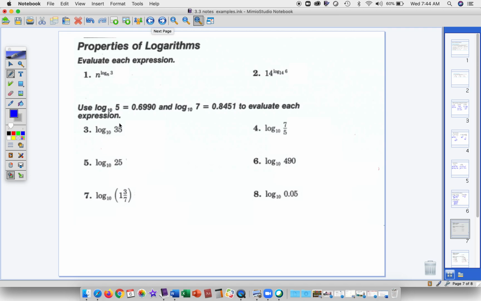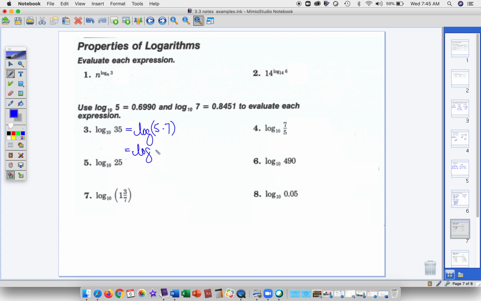So for number 3, now I'm working with 5 and 7. So if I have 35, and now if you're thinking product, yes, 5 times 7 is 35, but is that what I'm going to do with the logs? So this is log of 5 times 7. And when it's a product, it expands into the sum.